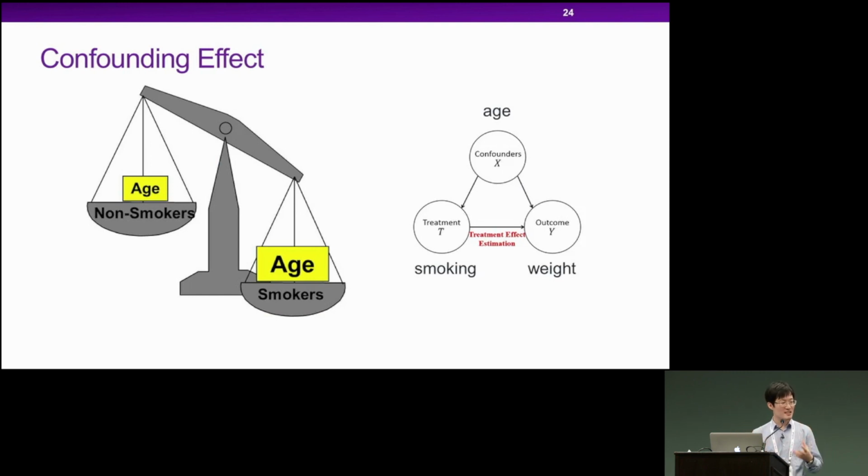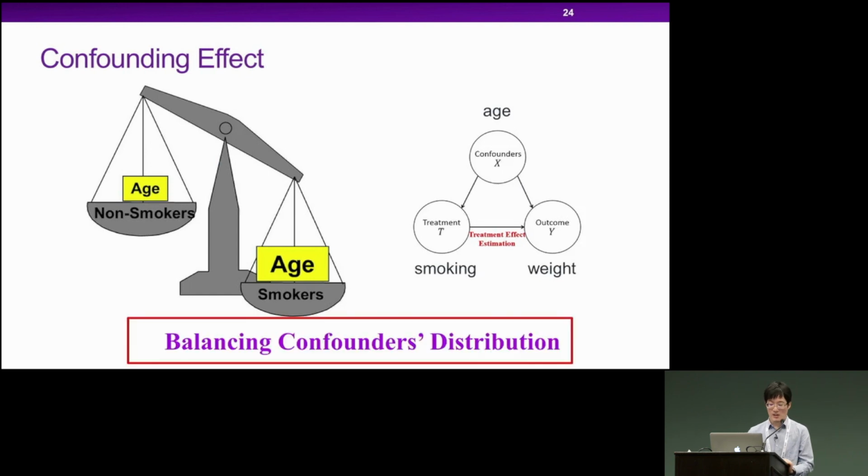If we consider this confounding effect, you will not get the conclusion that smoking actually causes weight increase, right? So that's the importance of the confounding effect. The thing we need to do is balance the confounders' distribution between the treated group and the control group, right? That's actually the major theme of causal inference.